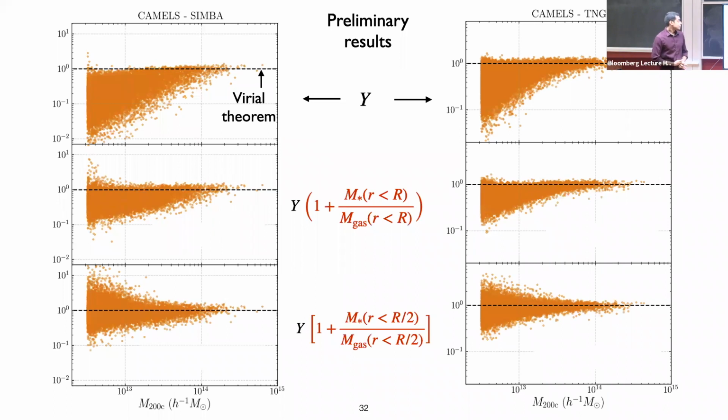Again, the goal was to find some additional parameters that we can include with the parameter of interest, that was the y, and see if we can get better prediction at these low masses. We saw that using a simple parameter, the stellar mass to gas mass ratio, does quite well. You can see that in both cases you can find improvements.